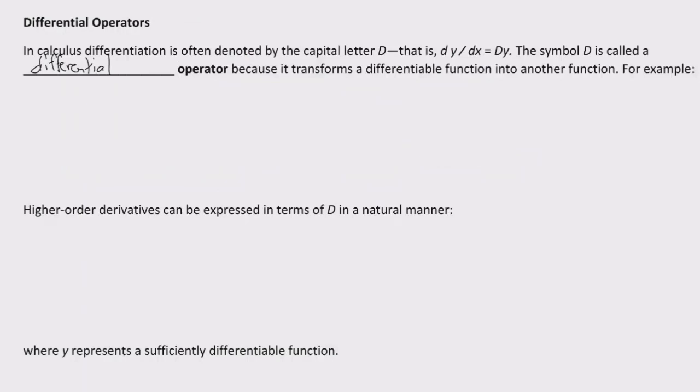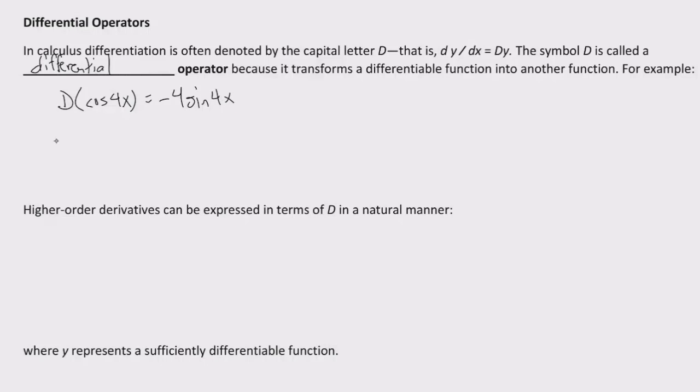So this is kind of like a shorthand notation. Let's take something like the derivative of cosine 4x. Essentially take the derivative, and I end up with a new function of negative 4 sine of 4x.